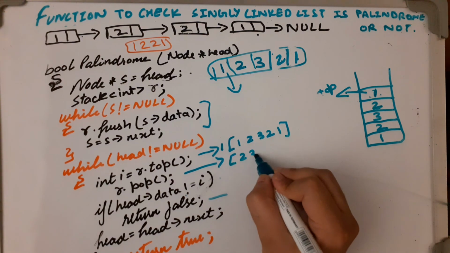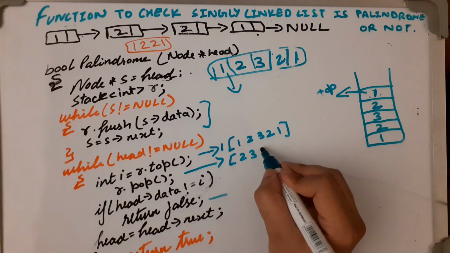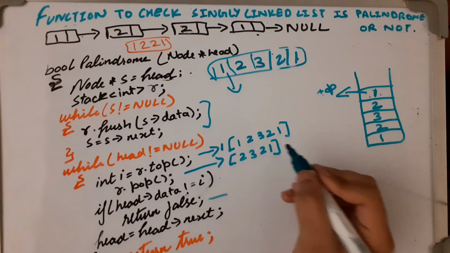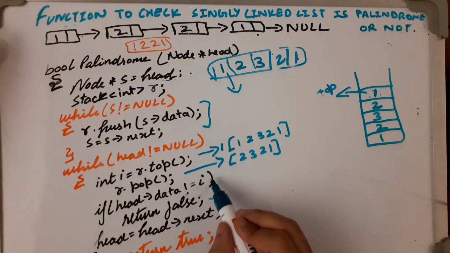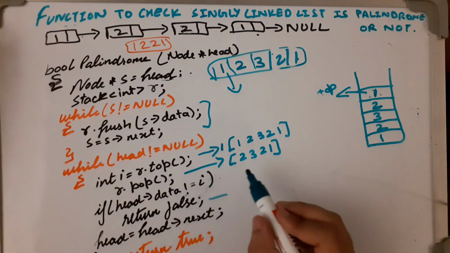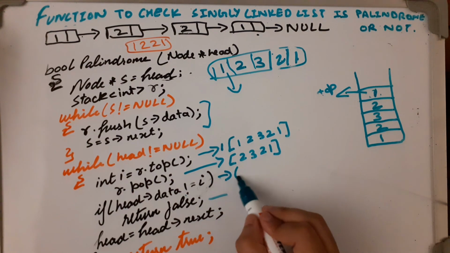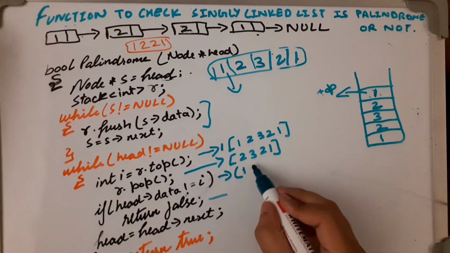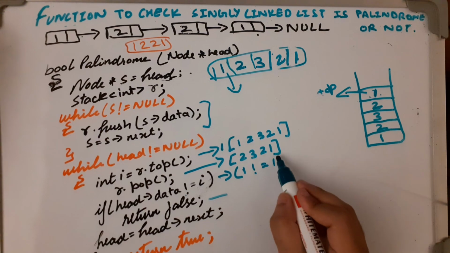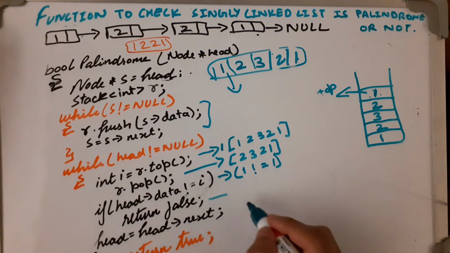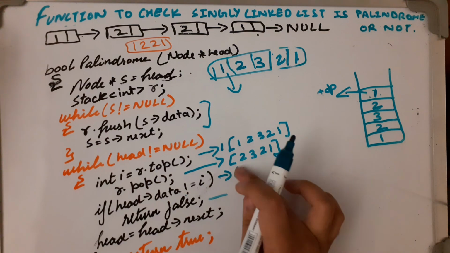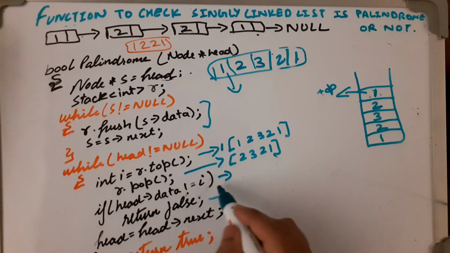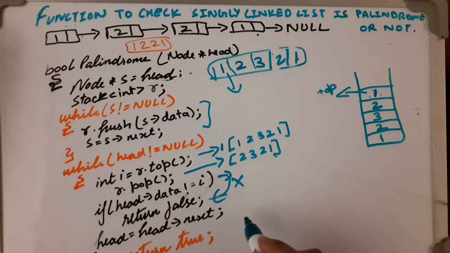Now the first element is deleted, and the elements we are left with are 2 3 2 1. It checks whether head of data is not equal to i. Here i has 1 and head of data, the first element, is 1. Is 1 not equals 1? The condition is false, so it will not go inside this; it will go to head equals head of next.